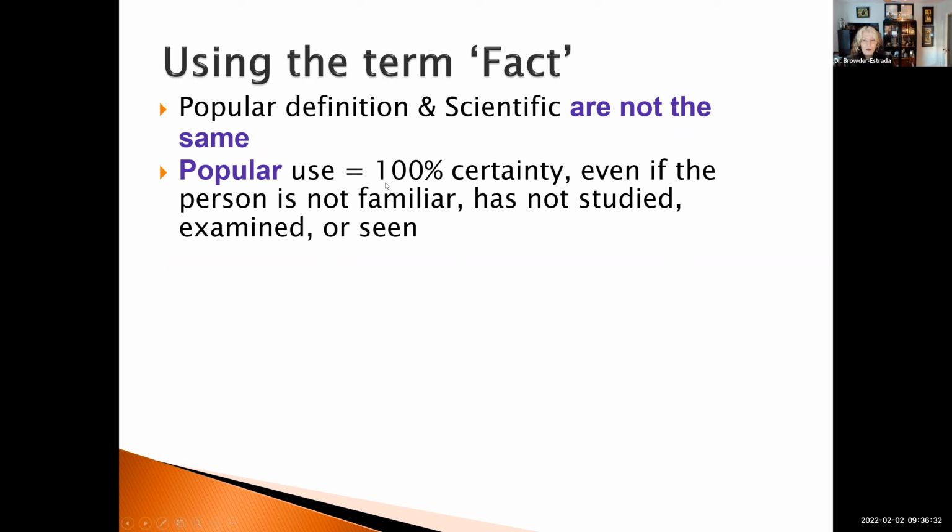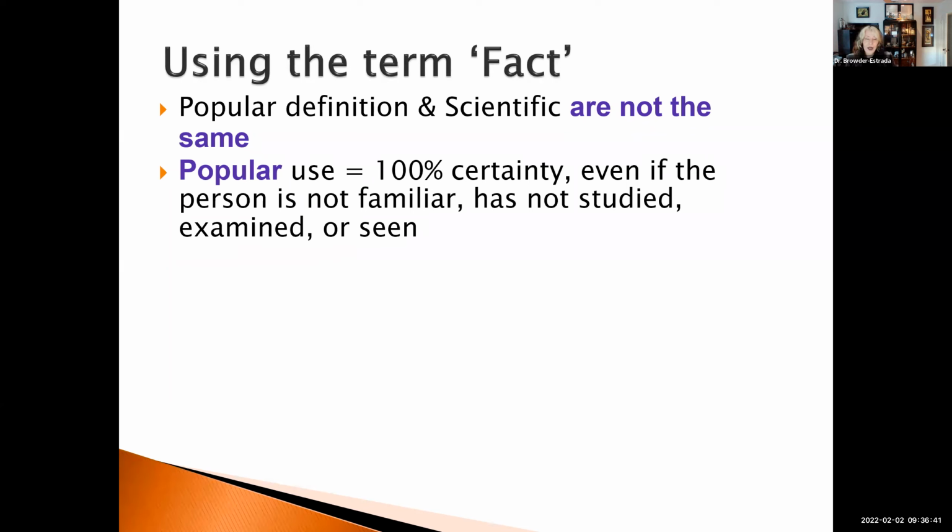You've seen those ads. How to get your partner to be more attracted to you, what to buy so that you look better to strangers, what to take so that you can lose weight, what never to do because it's not going to work out for you, right? The popular use of fact is 100% certainty.